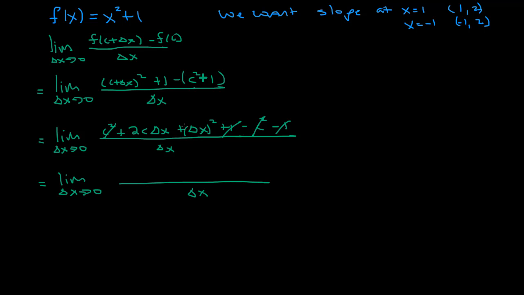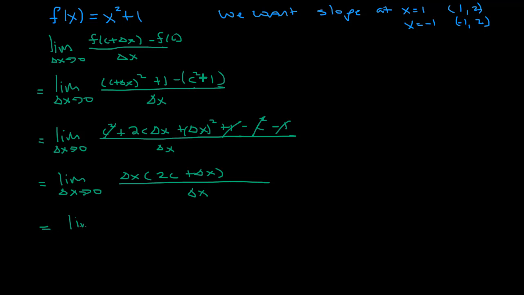Now here's the way you know if you've probably done this right: if the only things left over are terms that have a delta x in them. Notice the only two terms left over have a delta x. Let's factor out that delta x, and we have 2c left over there, plus delta x.